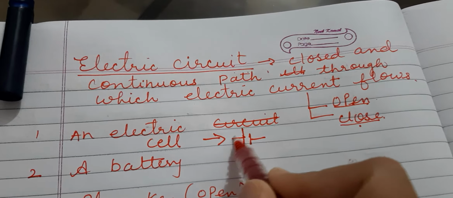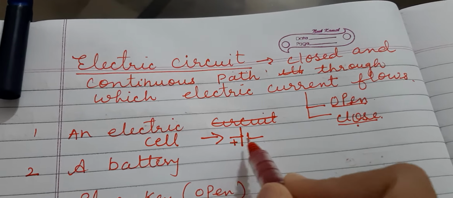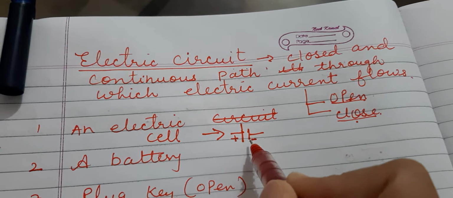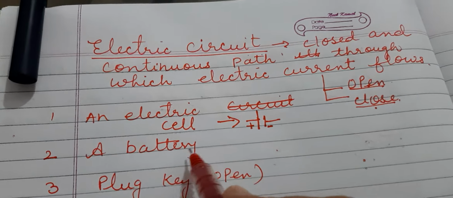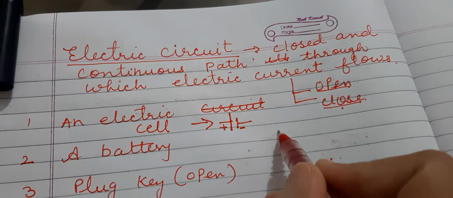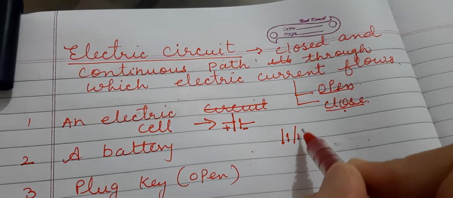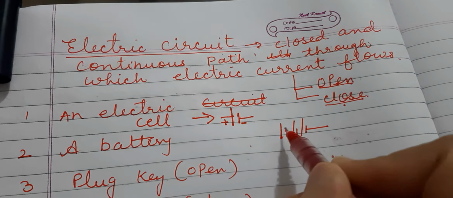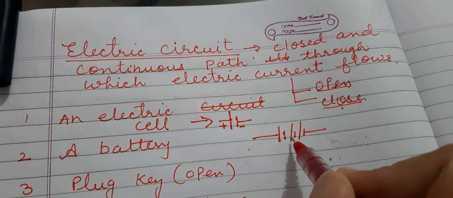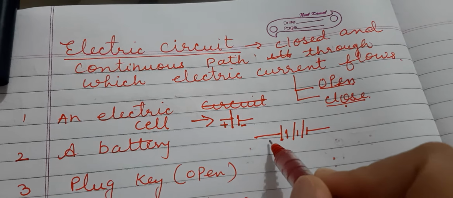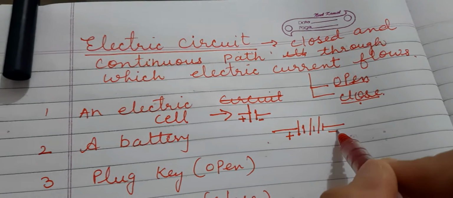This long line represents the positive and the smaller line represents the negative. Now a battery is basically a combination of two or more cells. In this I have connected three cells, so this is a battery, here again the plus and this is the minus.